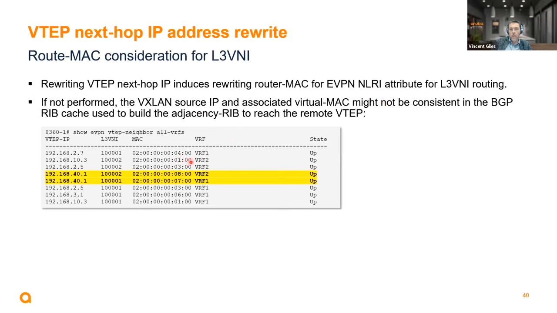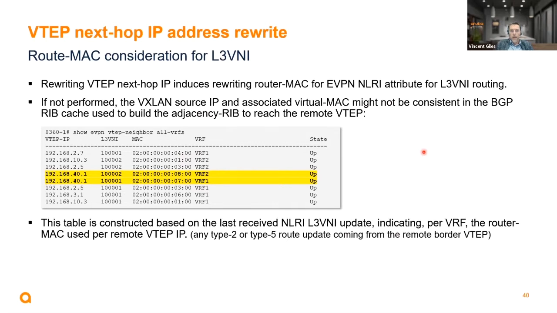So this is why what I show you here. Those information come from the BGP RIB cache information in order to build the adjacency RIB to reach the remote VTEP. So if you do not rewrite the router MAC, this is what might happen, and then it might lead to traffic drop.